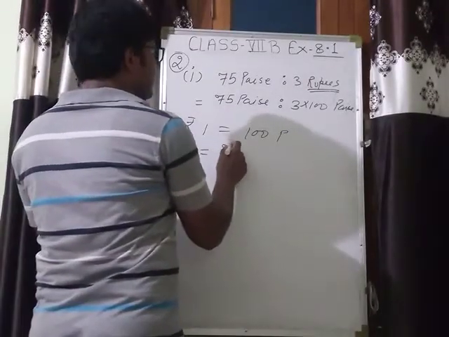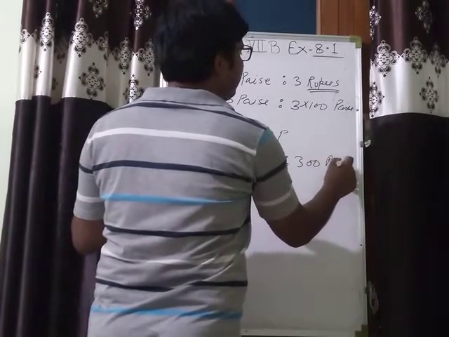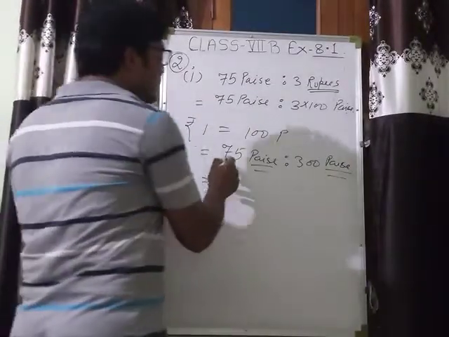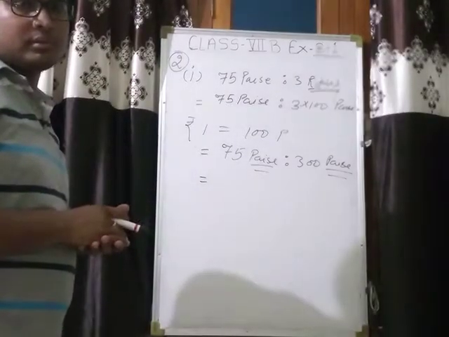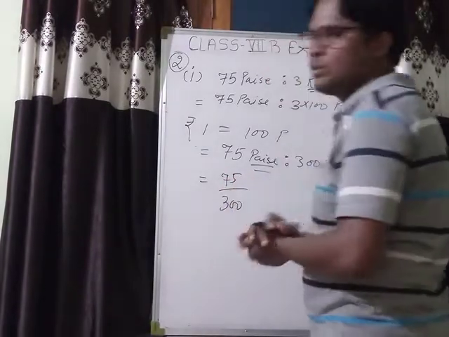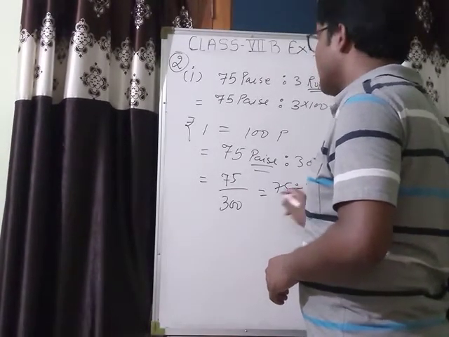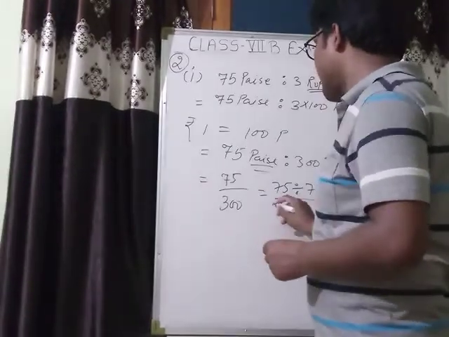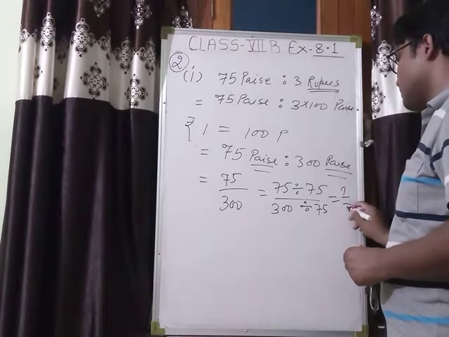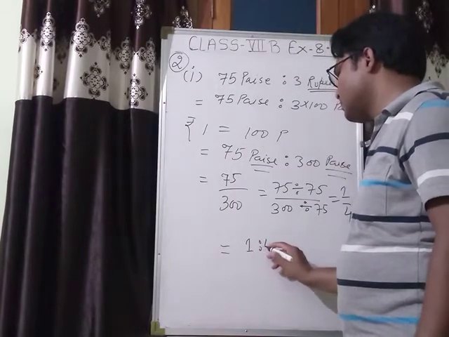So simply this is 75 paise is to 300 paise. Now the units of both are the same. Now we have to change it into the simplest form. The HCF of 75 and 300 will be 75, so that can be written as 75 upon 300. We can divide both by 75, because the HCF of 75 and 300 is 75. 75 divided by 75 is 1, and 300 divided by 75 is 4. So its simplest form is 1:4. Got it?